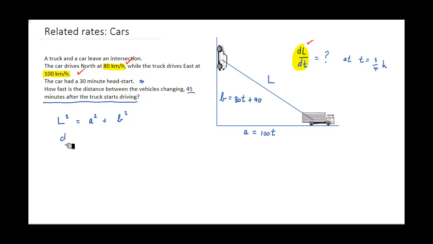So 2L times dL/dt, that's the chain rule in action, is equal to 2A times dA/dt plus 2B times dB/dt.